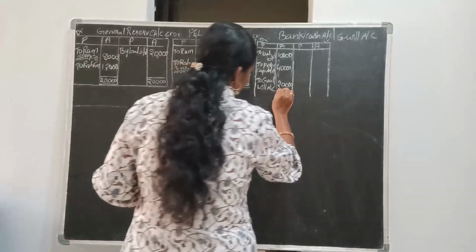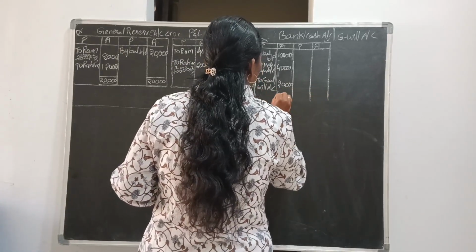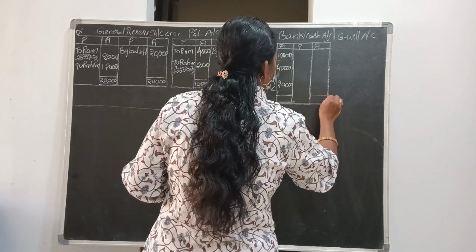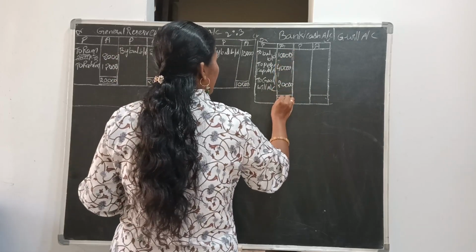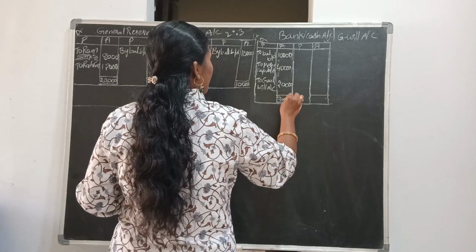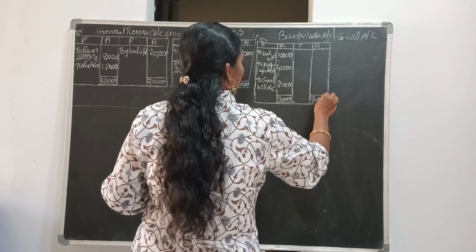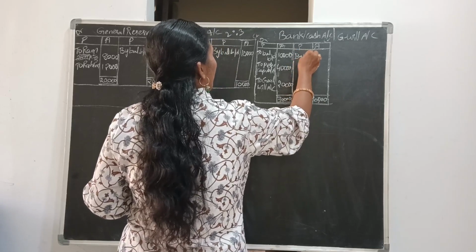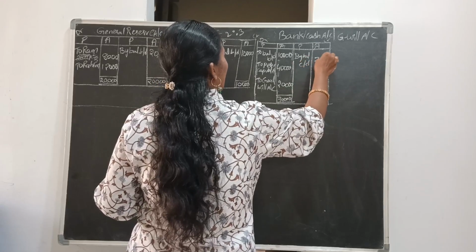Now make the totals. Close the account. Total 40,000, 50, 60, 70,000. 70,000 is the amount, so write it on both sides. Then by balance carry down 70,000.